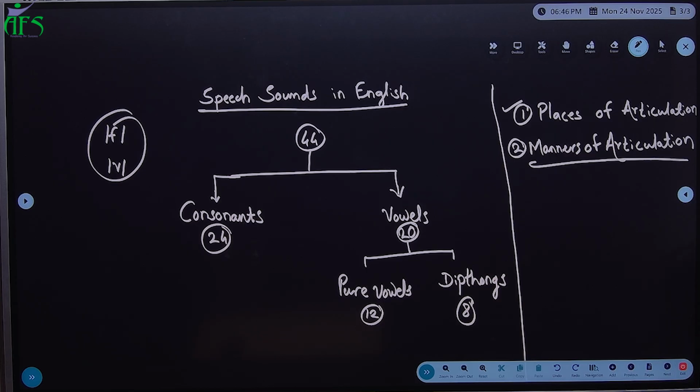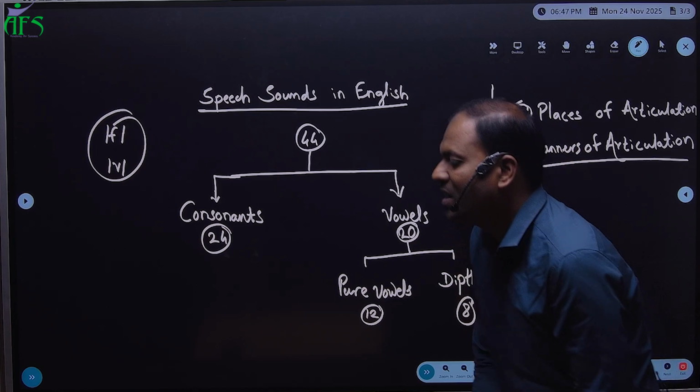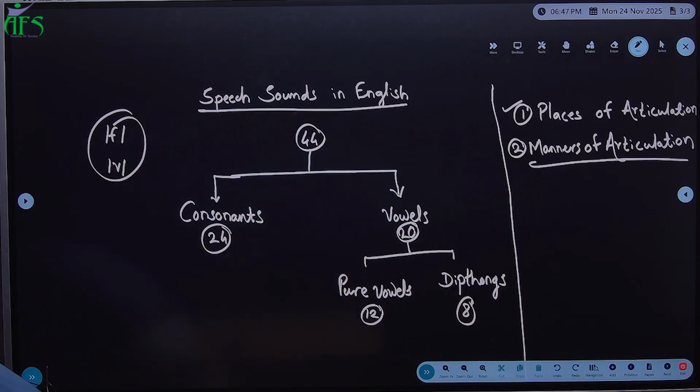Got it? So such sounds are called plosive. They are also called stop. They are also called occlusive. So which sounds are there in the plosive? Sounds p, b, t, d, k, g. You can try it by saying p, b. You are supposed to block the air completely behind the articulators.